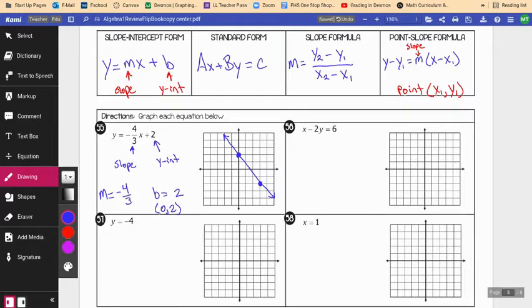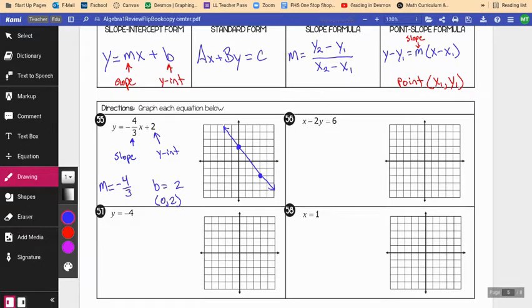Number 56 is in standard form, because the x and the y are on the same side. So if I wanted to graph this, then I probably need it in slope-intercept form. That means solving for y. So we have to subtract x from both sides.